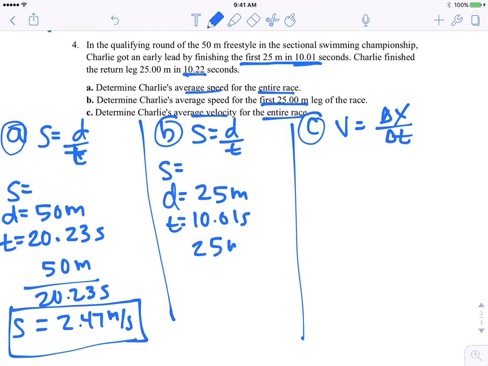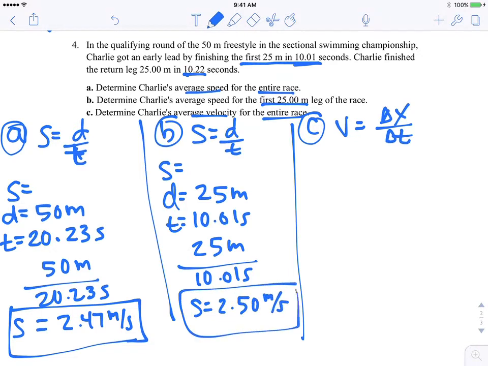We get 25 meters over 10.01 seconds, divide, and I have a value of 2.497502. So let's just call it 2.50 meters per second. So that is his average speed for the first 25 meters.